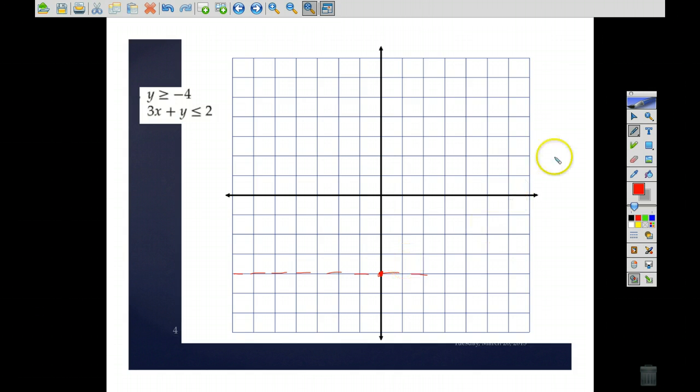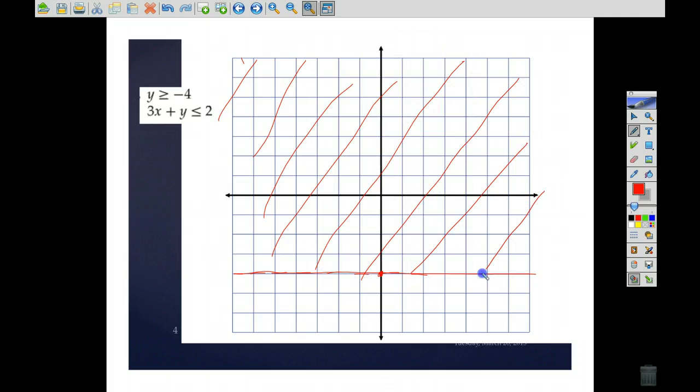Notice, oh no, wait. It should actually be a solid line because it has or equal to. So we have this graph here as my first graph, and it's greater than. So it's everything on the top. So I'm going to just mark everything on the top here.